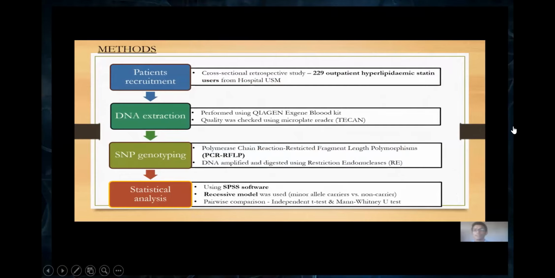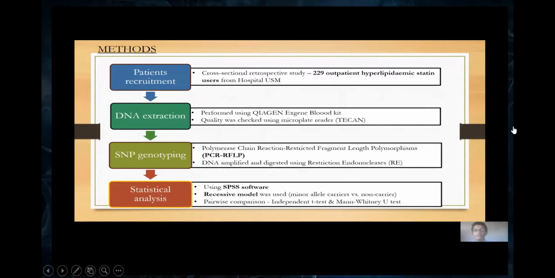This slide summarizes the methods of our study. For the first part, the patients' recruitment, a total number of 229 outpatient hyperlipidemic statin users were recruited from the hospital, followed by DNA extraction and SNP genotyping. For SNP genotyping, a method called PCR-RFLP was performed, in which the extracted DNA was amplified and then digested using restriction endonucleases.